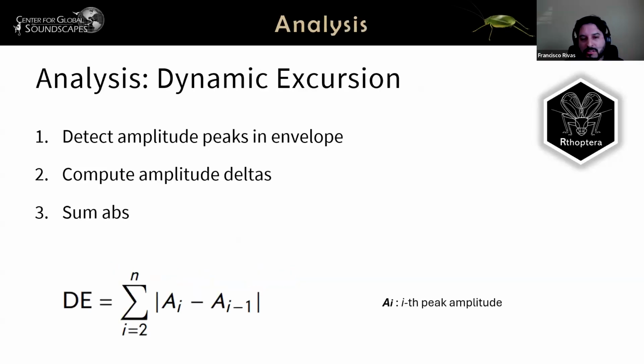Then the dynamic excursion is a similar idea, but you do the calculation of the differences in amplitude across a single train.